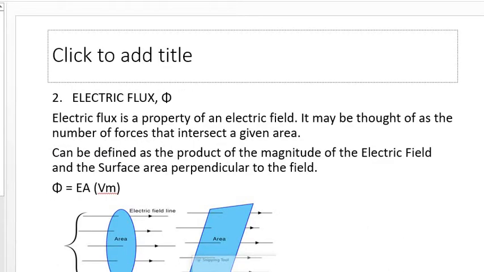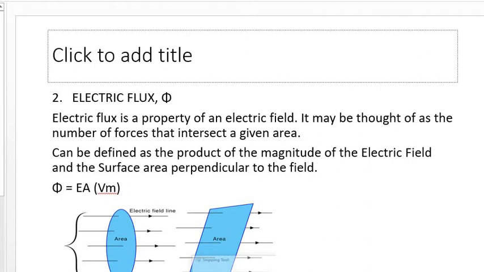We now move on to another definition, which is electric flux. Electric flux is denoted by the Greek letter phi. Electric flux is a property of an electric field. It can be defined as the number of forces that intersect a given area. So the field lines are also known as the flux lines. It can be defined as the magnitude of an electric field and the surface area perpendicular to that field.